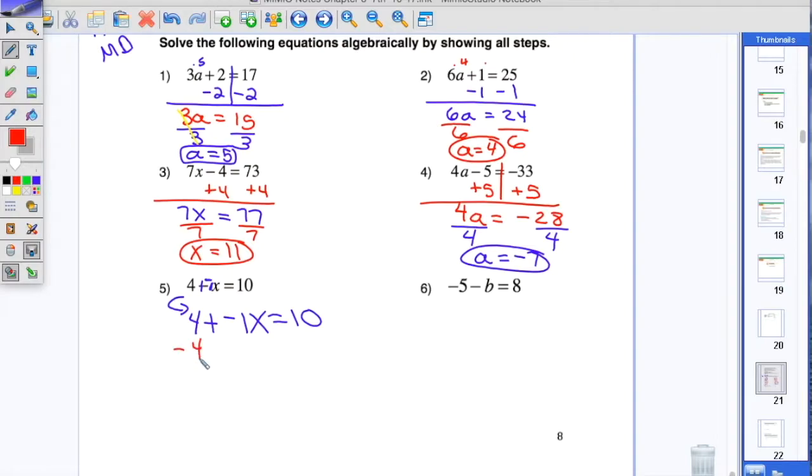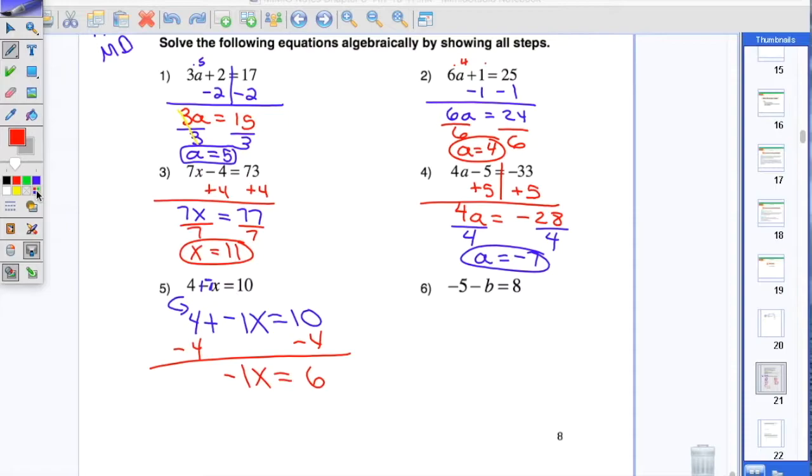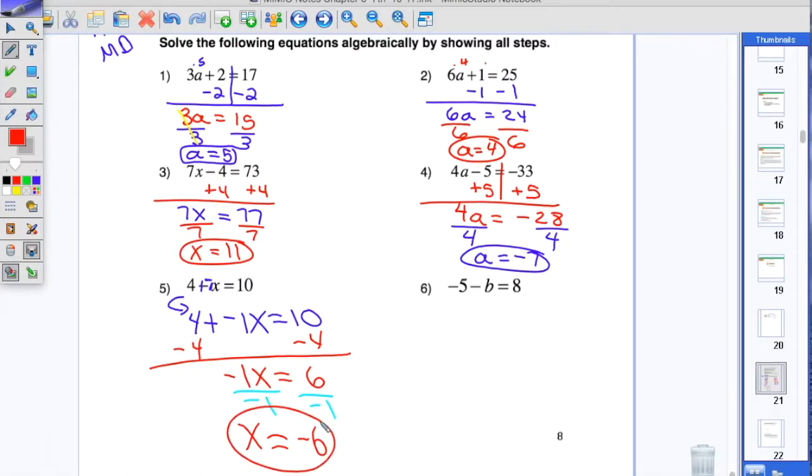So we're going to subtract 4 from both sides. So we are left with negative 1x is equal to 6. Then we have to divide both sides by the negative 1. So we are left with x, because negative 1 divided by negative 1 is 1, or 1x, or just x. And then 6 divided by negative 1 is negative 6.